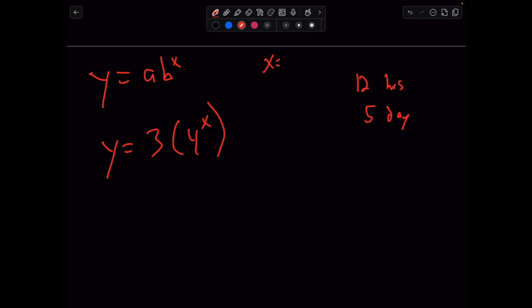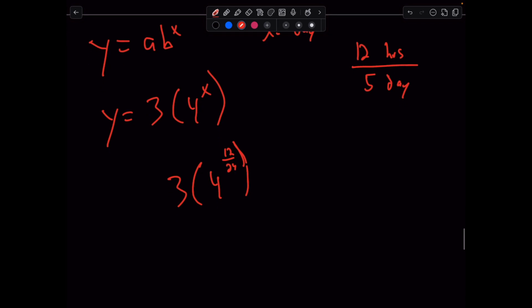And now they want it after 12 hours, after 5 days. Remember, x is each day. So as I mentioned at the start of the lesson, we got 12 hours. That's not days. So to find that one, I go 3 parentheses 4 to the 12 over 24, because that's 1/2. It's a half a day.